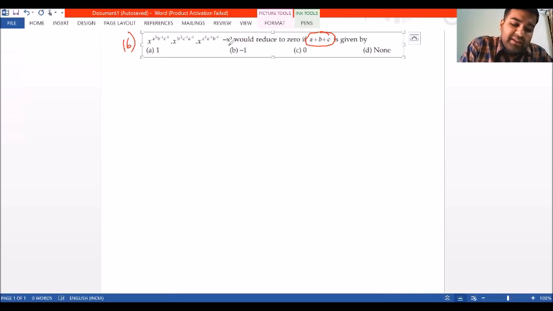So let me rewrite the question as x to the power of a square by bc. B to the power of minus 1, c to the power of minus 1 can be written in the denominator, as x to the power of a square by bc into x to the power of b square by ca into x to the power of c square by ab minus x cube would reduce to 0.